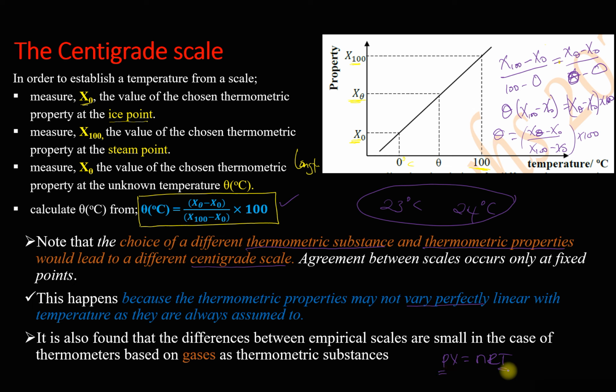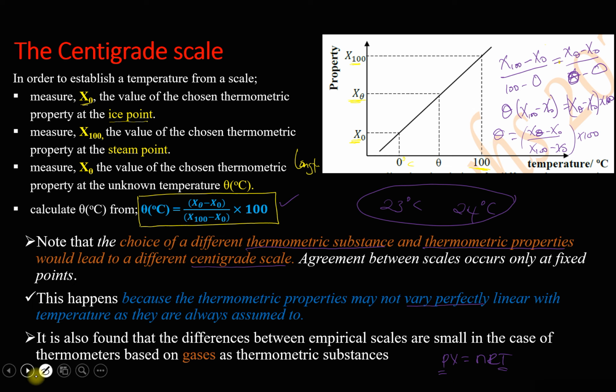So if the thermometer uses a gas as the thermometric substance, and the gas is ideal, the relationship is going to be perfectly linear. That means for whatever gas, as long as it is ideal, two thermometers using different ideal gases are going to completely agree on a measurement.